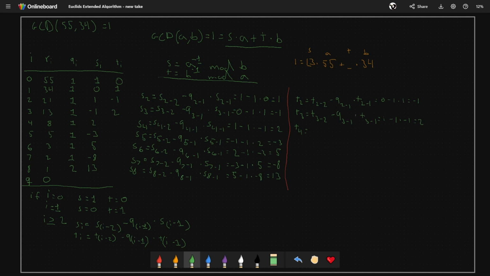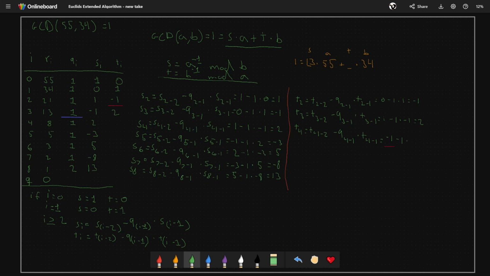t4 is equal to t4 minus 2 minus q4 minus 1 multiplied by t4 minus 1. t4 minus 2 is equal to t2. t2 we calculated to be negative 1, so let's write that here, negative 1. q4 minus 1 is q3. q3 is still 1, so let's put that there.